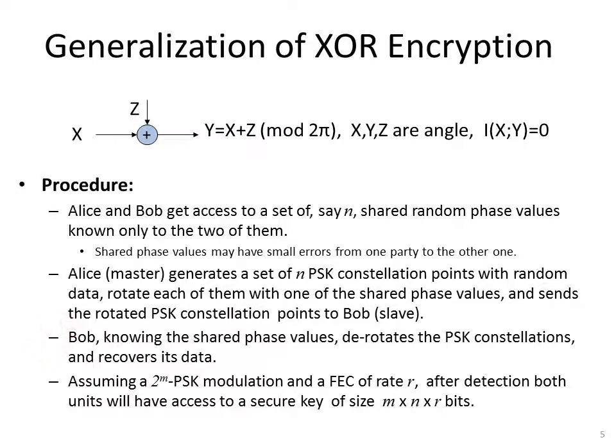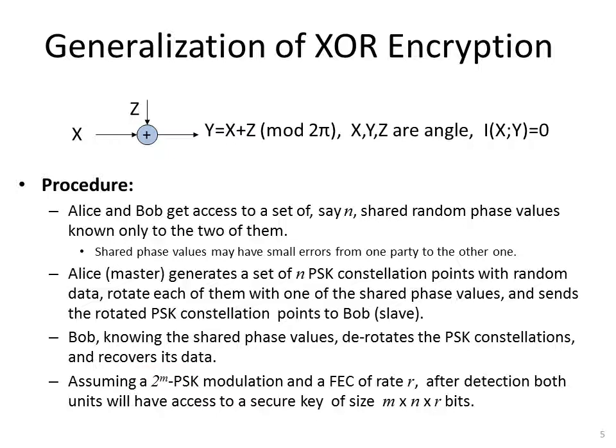Now, in the third stage, Bob, who knows the shared phase values or has his local understanding of the shared phase values, which may have small differences with the phase that Alice has used, will derotate the received PSK constellation with his own local understanding of the corresponding shared phase value and recover the data.